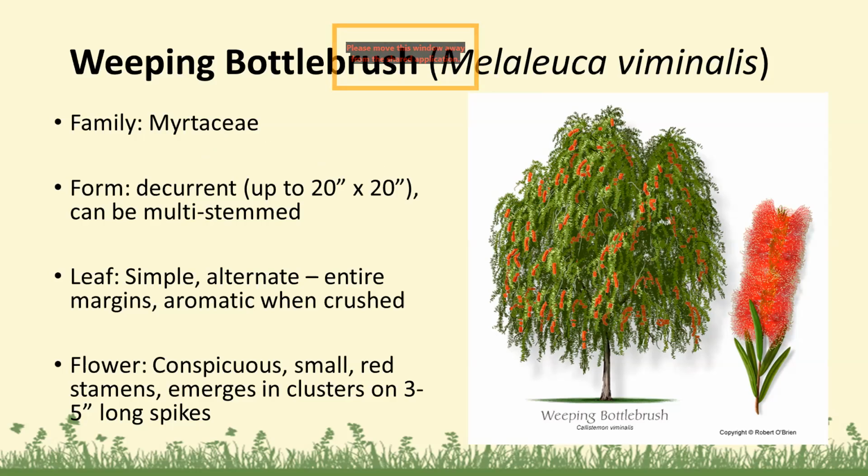It has a very decurrent form and it can be multi-stemmed as well, but typically turns into 20 by 20 given time. Its leaf is simple and alternate, so that's really not going to help too much in identifying it. But the flowers are very conspicuous. They're very small, and they emerge in clusters 3 to 5 inches long.